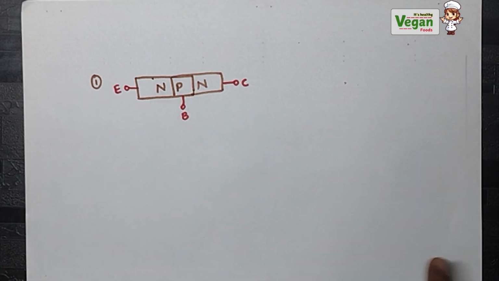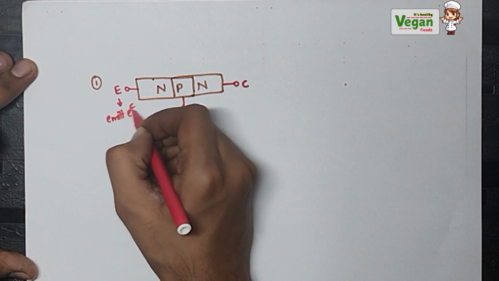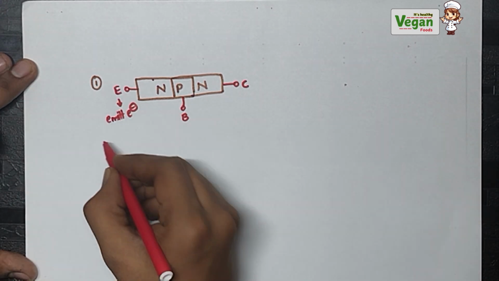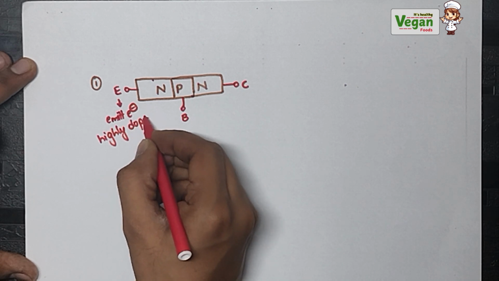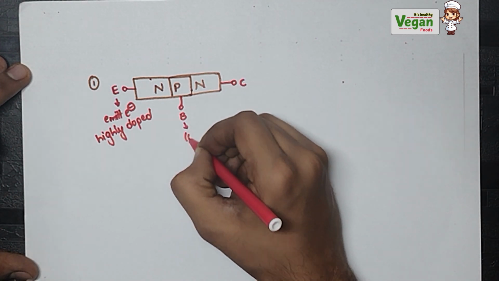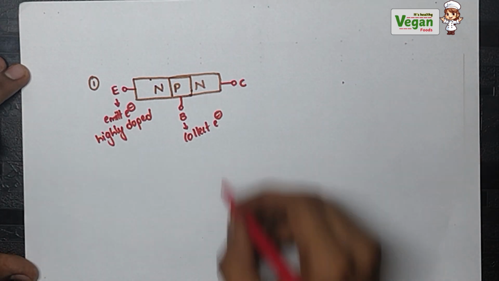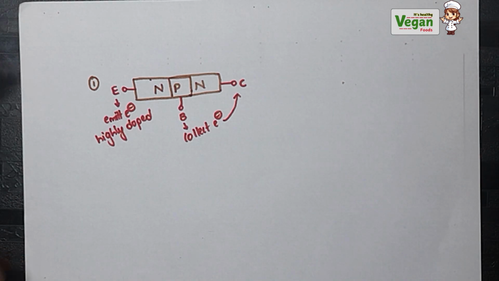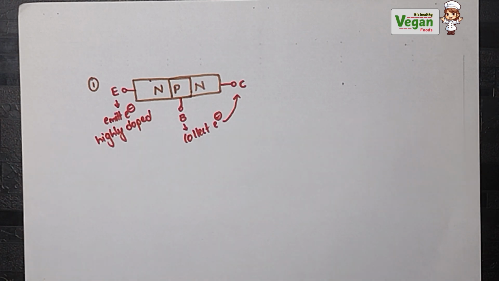The emitter will emit the electrons for the conduction, and this emitter region is a highly doped region. Among these 3 terminals, emitter is the highly doped region. Next, the base. The base will collect the electrons which are emitted by the emitter and then send them to the collector.